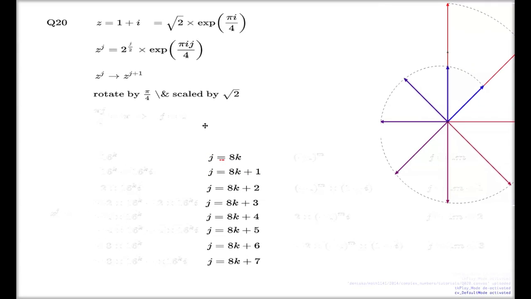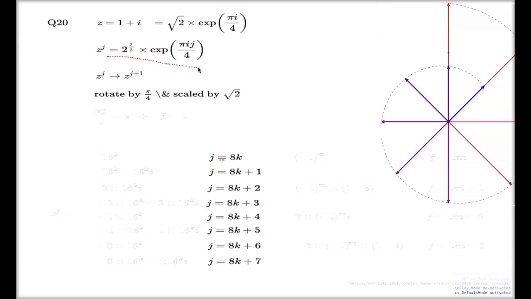Now, for each of these subgroups of indices, this number in exponential form can be written in a relatively compact algebraic form. Look at this. For instance, if my j is 8k, imagine that in the position of j was 8 times k. Then the whole power here will be just 16, and this number will be 1, right? Because 8 times k over 4 is 2k, a multiple of 2 pi, the full revolution, and the exponential is just 1.